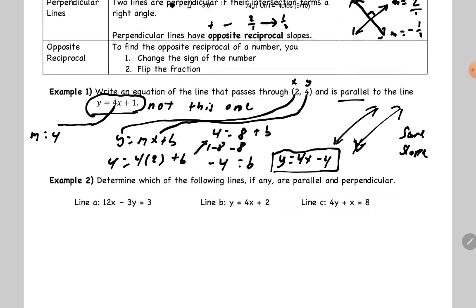Determine which of the following lines, if any, are parallel and perpendicular.